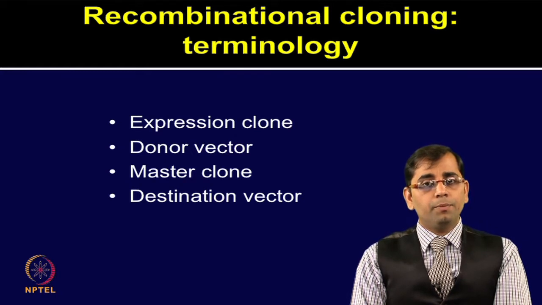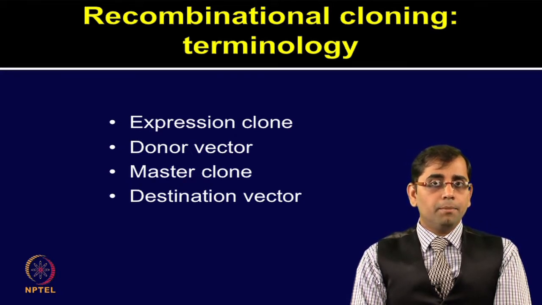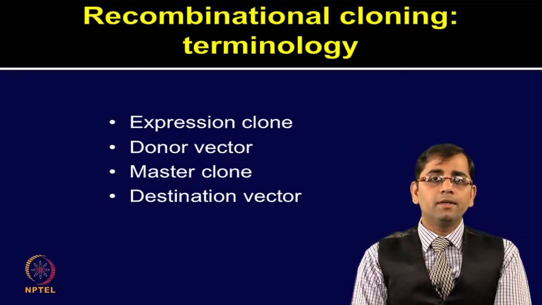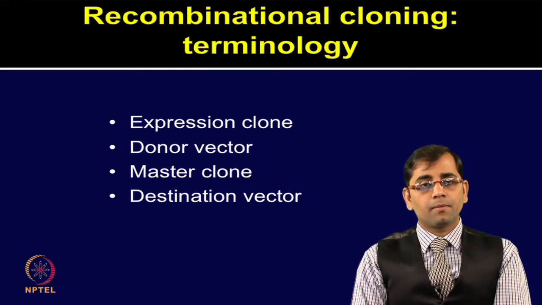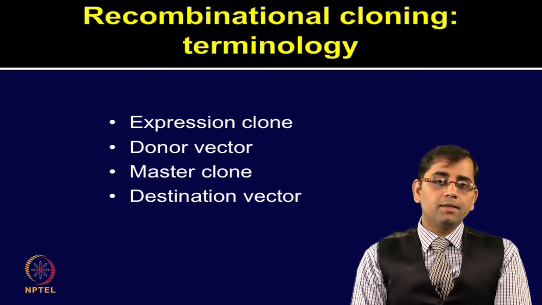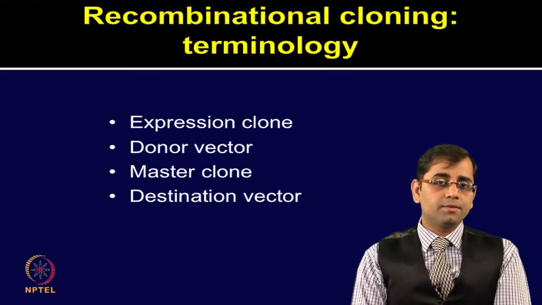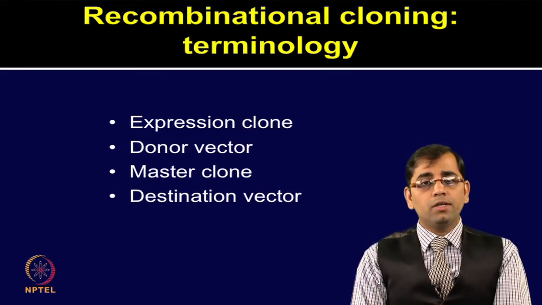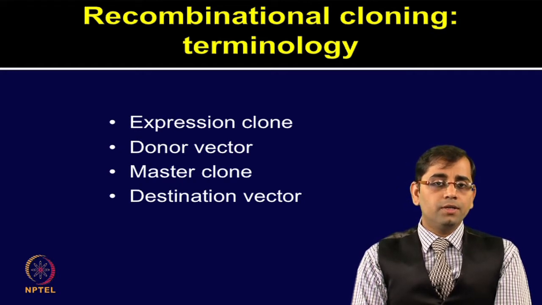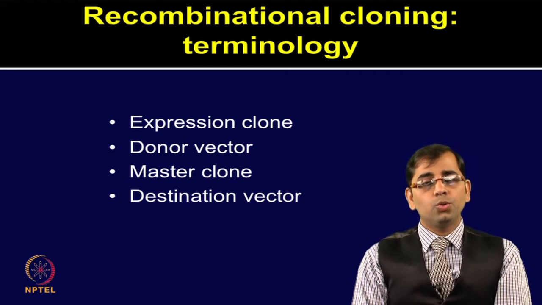The explanation for the BP reaction and master clone will be provided in subsequent slides. So, what is a master clone? This is a vector containing the gene of interest flanked by att L sites. Entry clones are formed by the BP reaction and further used in the LR reaction to produce expression clones of interest.